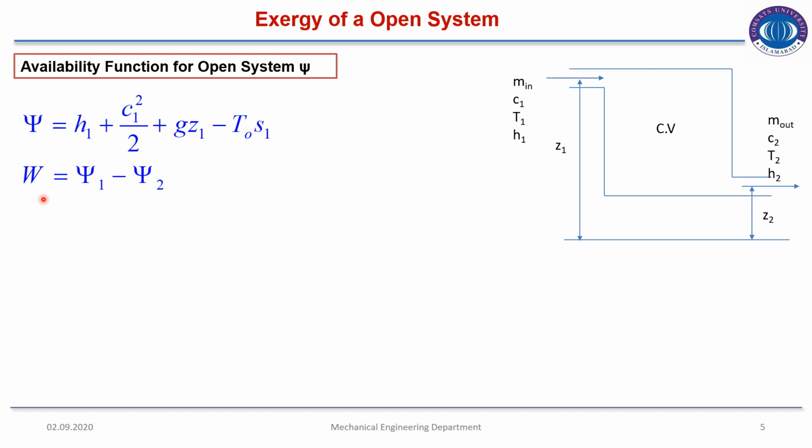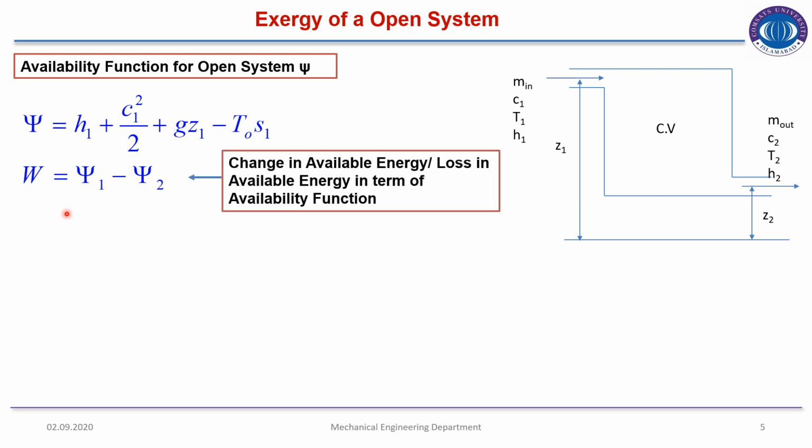The relation on the previous slide to calculate the change of available energy is quite lengthy. To reduce it, we will use the availability function for open system, which represents the change in the availability, or loss in the available energy, in terms of the availability function.